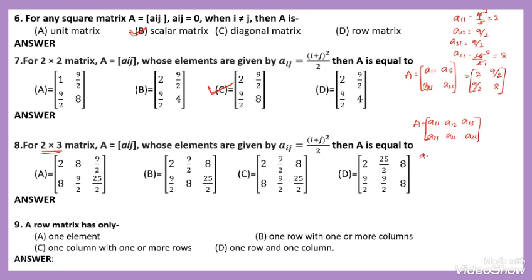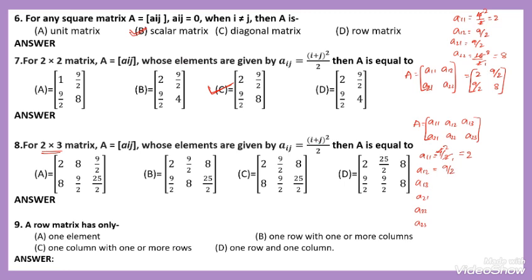I will take the values here. First one remains: 1 plus 1, 2 square by 2, that is 4 by 2, the value is 2. Similarly 1 2, that is 1 plus 2, 3 square by 2, that is 9 by 2.